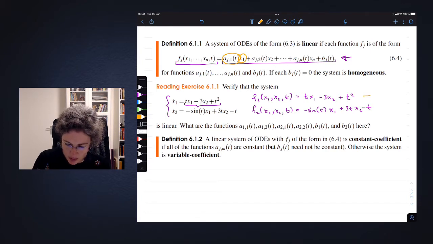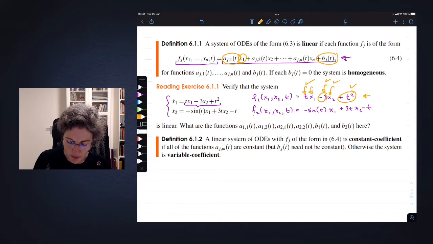If we have a look at f1, then x1 in this term appears by itself, so that's fine, and its coefficient is just a function of t, so that's okay. Next term, x2 appears by itself, so that's fine, and minus 3 is just a constant, so that's fine. And finally we're allowed to have one term which just depends on t in any shape or form, which we've got over here, so that's fine. Good, okay, so that one is definitely linear.